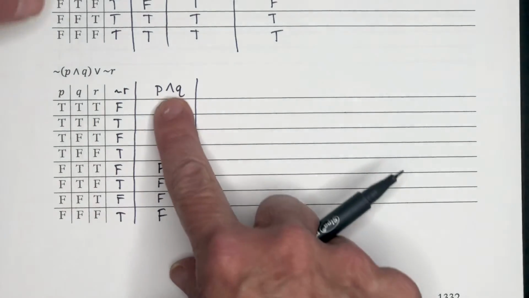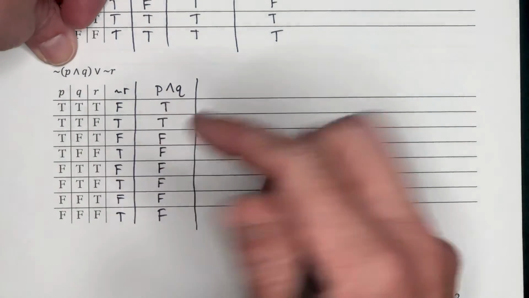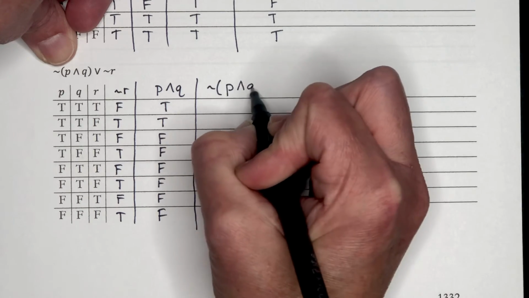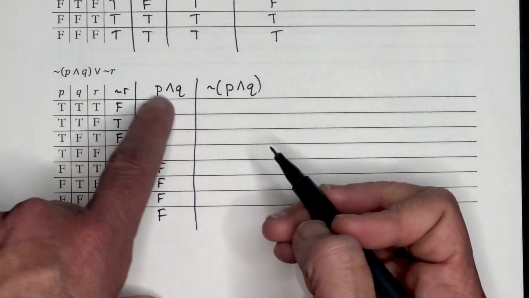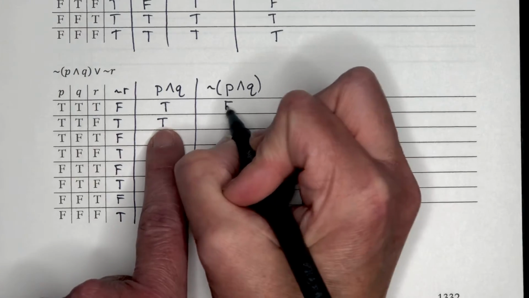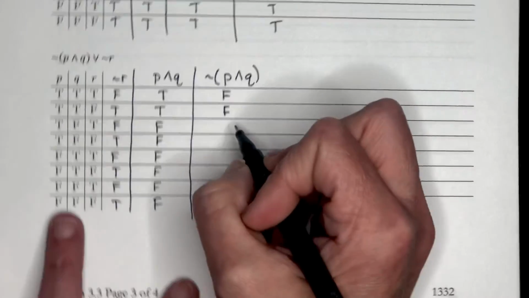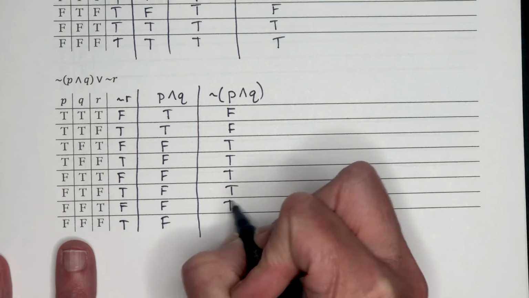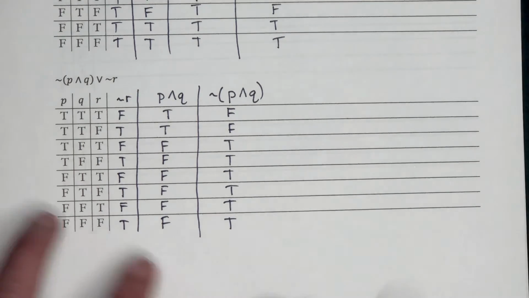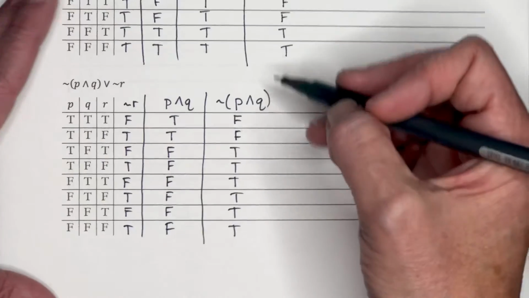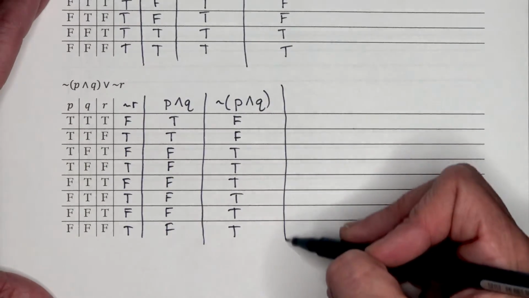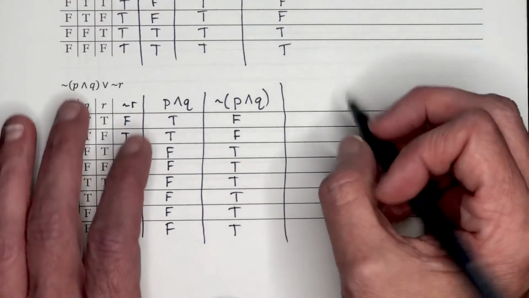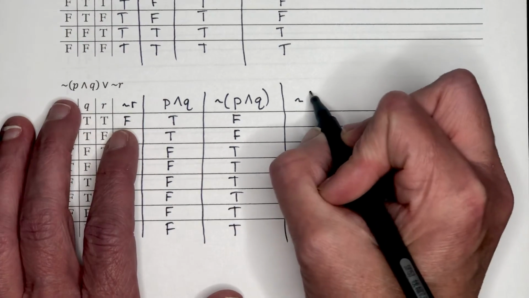Okay, so this is inside the parentheses. Now I need to put the not in front. So it's going to be the opposite of all of these. So I have 2 falses and then the rest will be trues. Okay, so now I have this whole side and I have not R. So I'm ready to do my final bit.